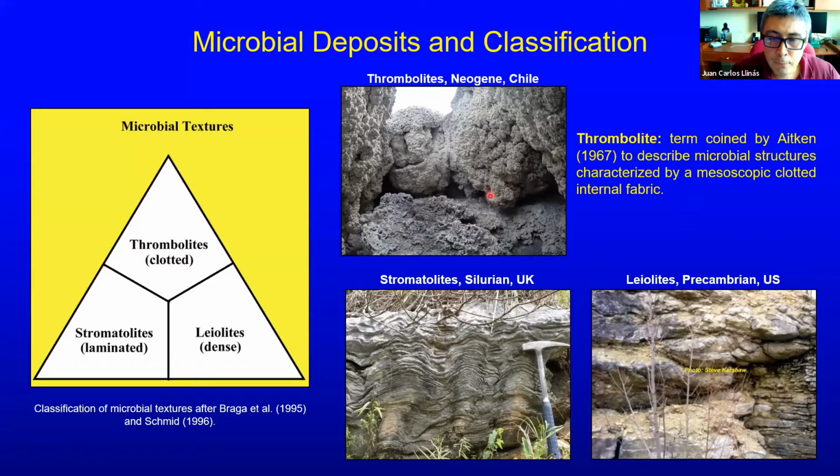You can see these forms like balls or pillows that make the external shape of the buildup, which seems to be also characteristic of this type of texture. You will see another example later. Here we have then the stromatolites with the typical laminated structures, and leiolites, which is a term used to describe just dense, homogeneous, boring microbial buildups with no distinctive geometry.